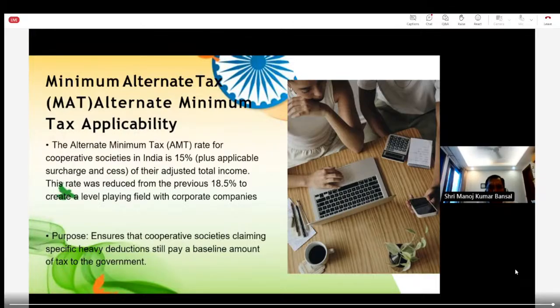The rate was reduced from the previous 18.5% to create a level playing field with corporate companies. The purpose is to ensure that cooperative societies claiming specific heavy deductions still pay a baseline amount of tax to the government.